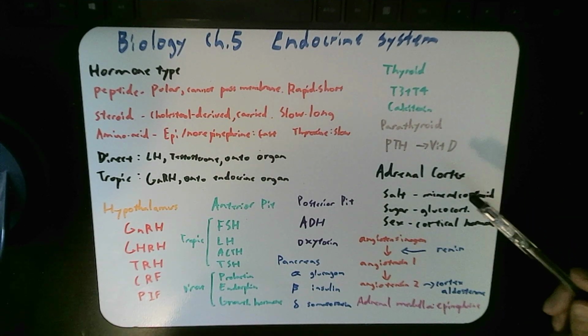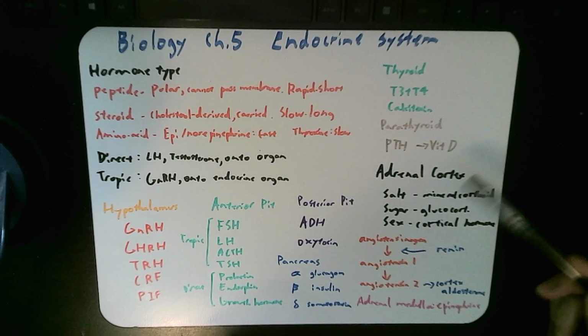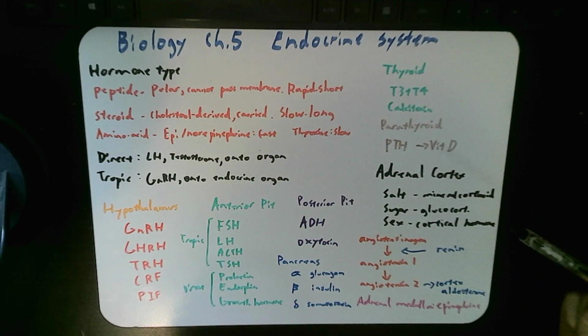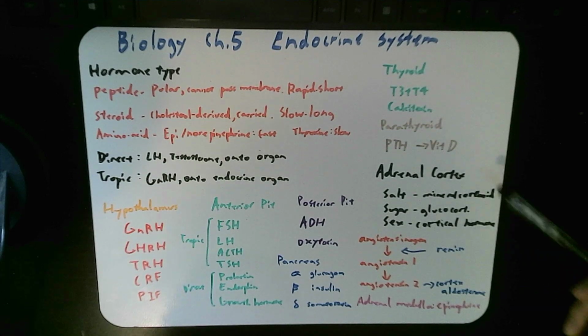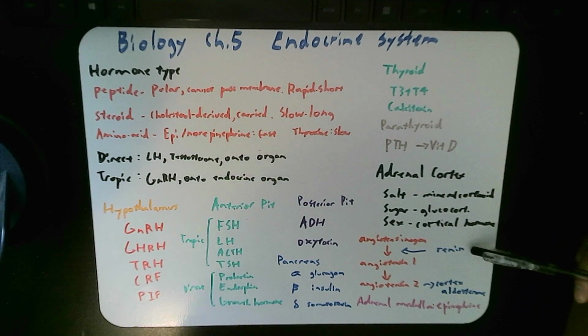Adrenal cortex has mineralocorticoids, which is the release of the eventual aldosterone from adrenal cortex, and it acts on this pathway, the renin and angiotensinogen pathway.